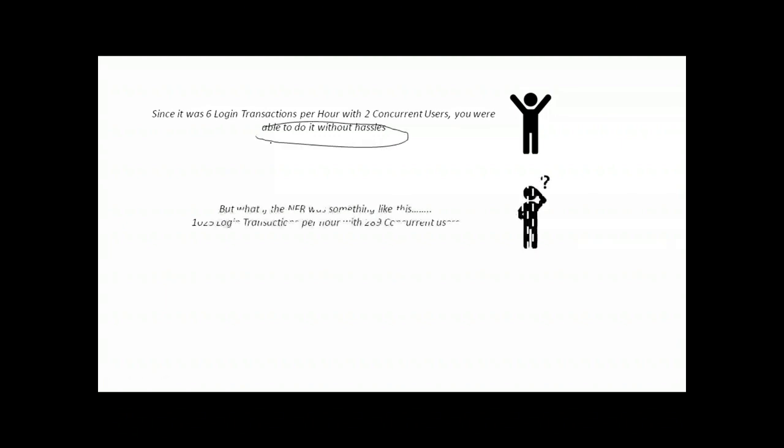Now you see, since it was 6 login transactions per hour and 2 concurrent users, you were able to calculate the pacing without any hassles. But what if the numbers are something like this: 1025 login transactions per hour, which need to be done by 289 concurrent users?